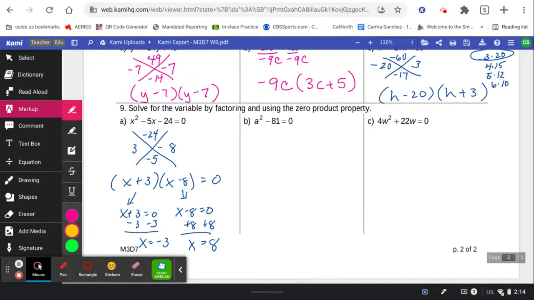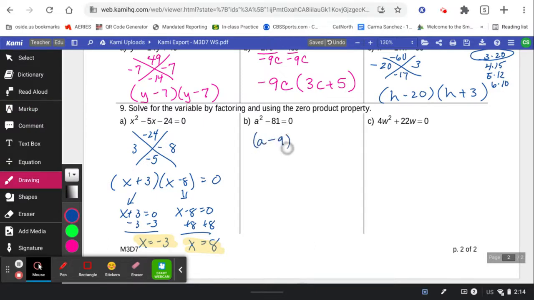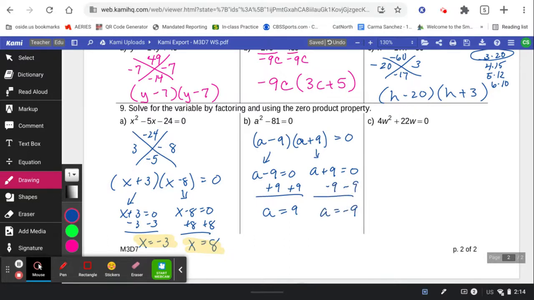I just got 2 real roots, -3 and 8. And again, I just got 2 real roots.